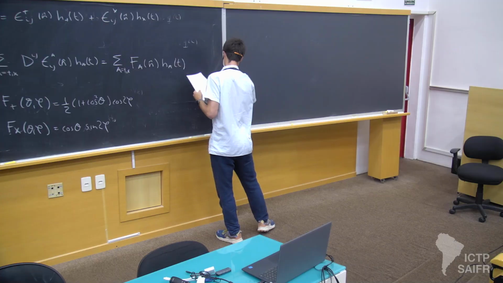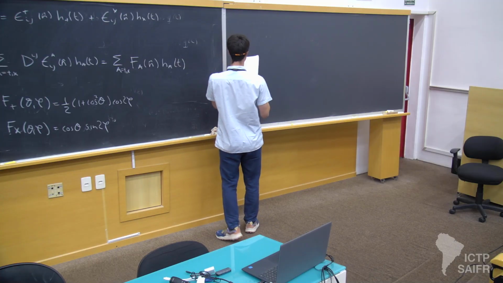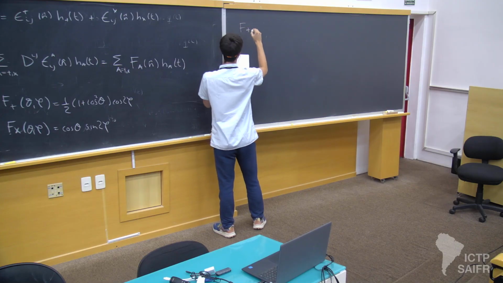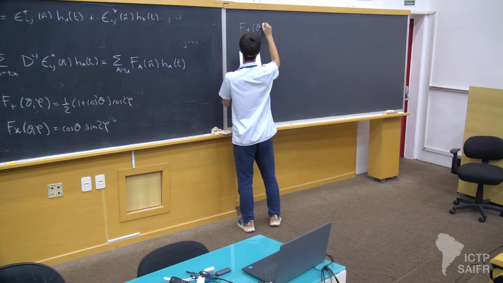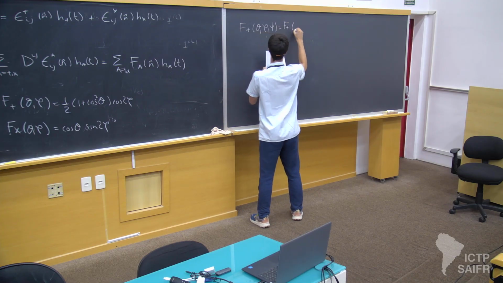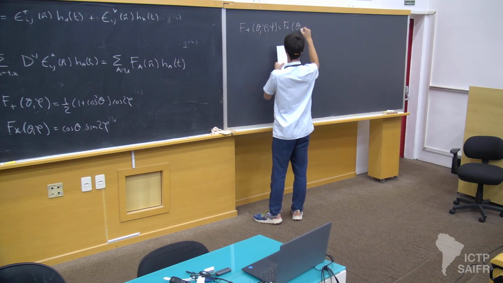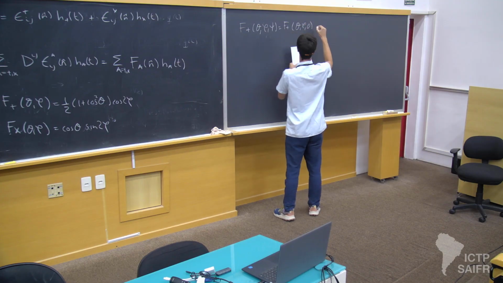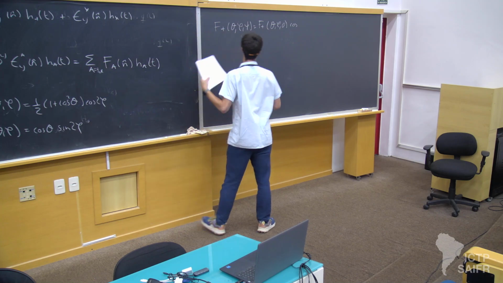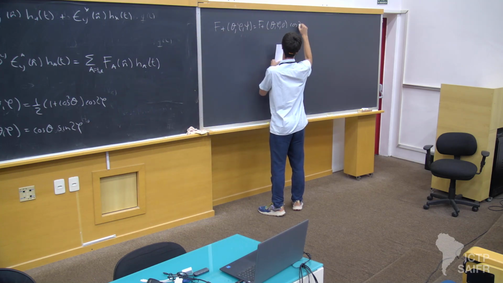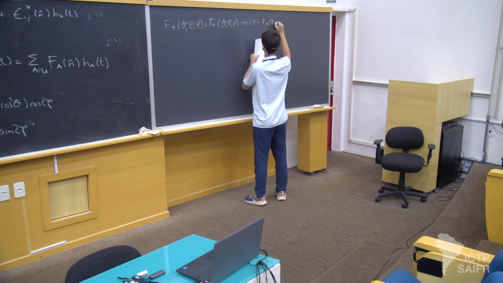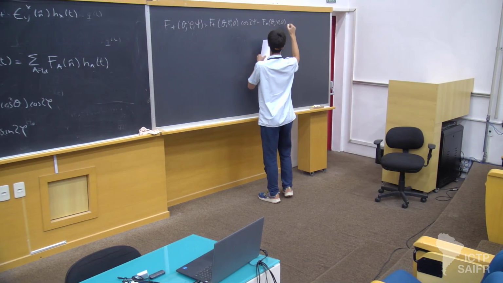And then what we get if we include the polarization rotation is the following. We get F plus of theta, bar phi, and 0, which is the expression that I have here, times cos 2 phi, plus F cross times sine.